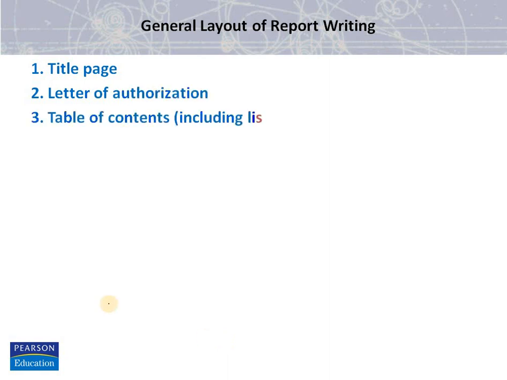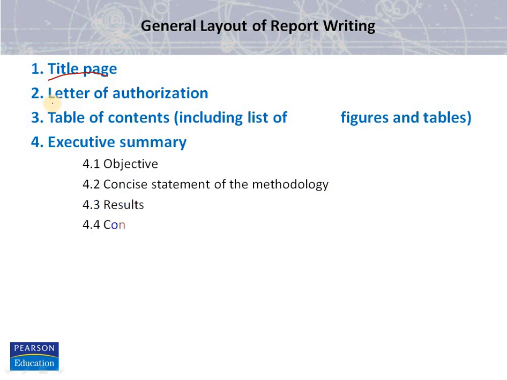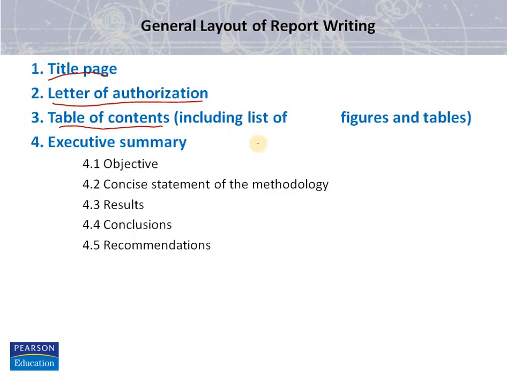There must be a title page. If data is collected from some sponsoring agency or from some government agency, in that case a letter of authorization must be there. The table of contents should be there, which includes the list of figures and tables.